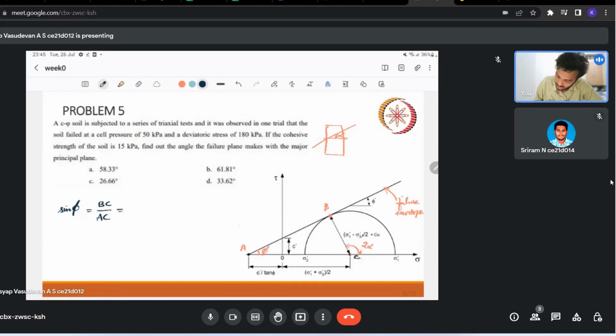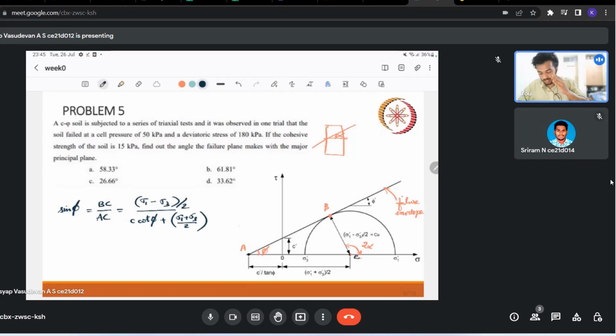So BC can be written in terms of sigma 1 and sigma 3. That is the radius of the Mohr circle. So that will be sigma 1 minus sigma 3 by 2, and the denominator AC can be split into two. This piece AO, and this AO can be written as c by tan phi or c cot phi, plus this OC, that is sigma 1 plus sigma 3 by 2.